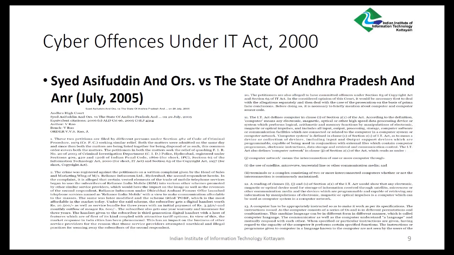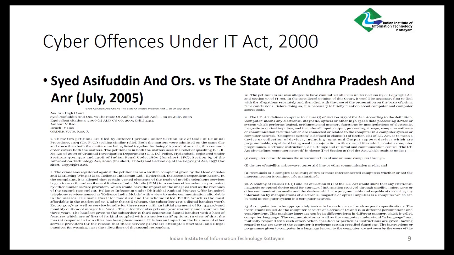In one of the judgments, the judge said that a cell phone is a computer as mentioned under the IT Act, which we have seen, what a computer is. And the judge goes on to say that the ESN number and SID come within the definition of computer source code as per the definitions that we have seen.